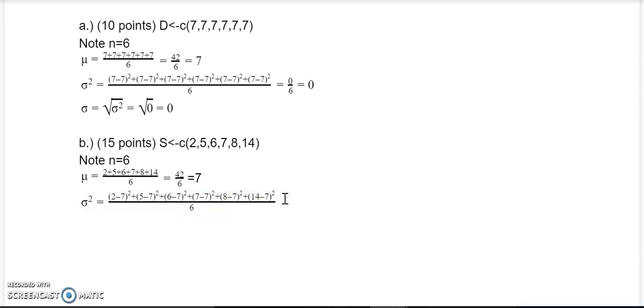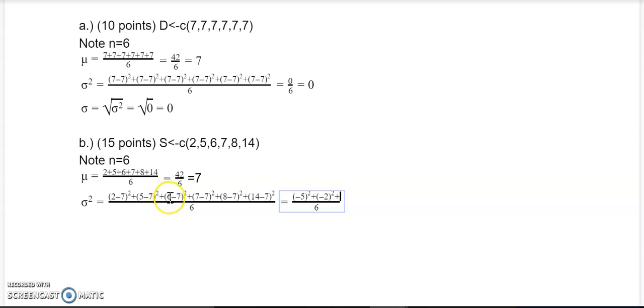So let's work this out. Okay, so simplifying this further now. So it'll be 2 minus 7, that's going to be minus 5 squared. And then 5 minus 7, that's going to be minus 2, so minus 2 squared.